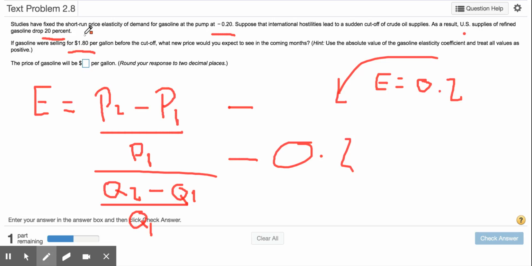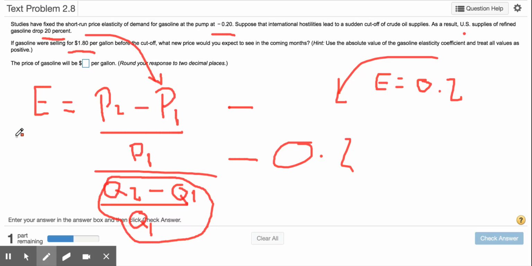The question has given us the price, P1. So this thing is 1.8, and it's giving us this entire thing. So it's telling us that as a percentage, the percentage change in quantity is 20%, which resulted from the embargo, right?